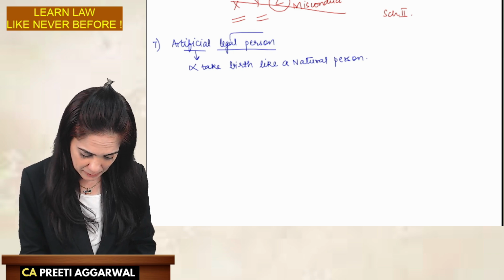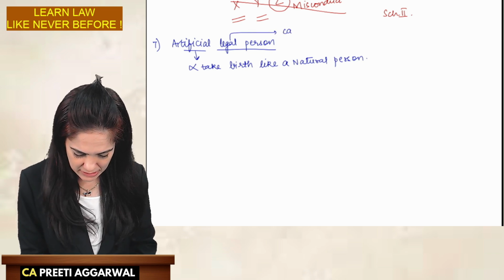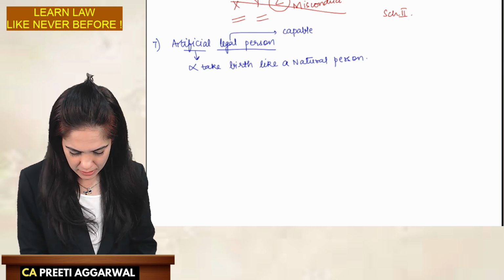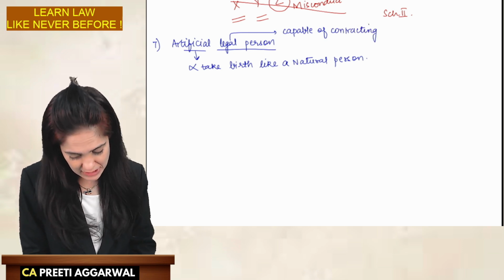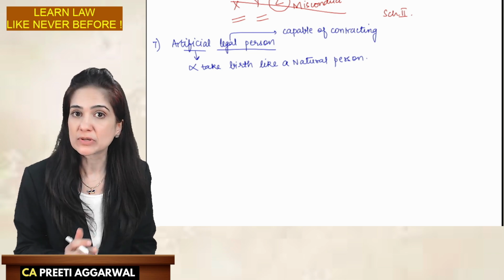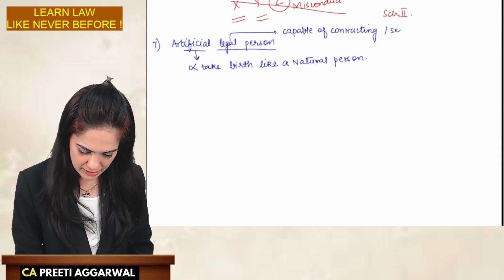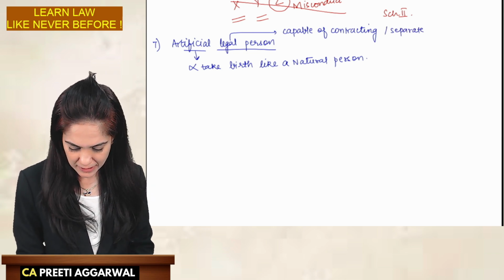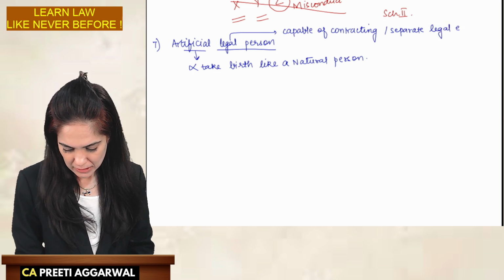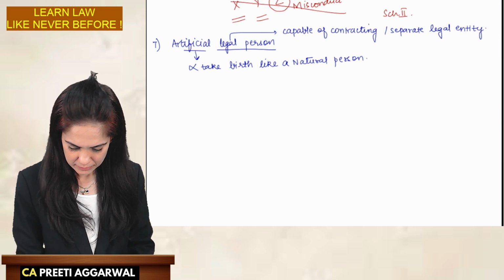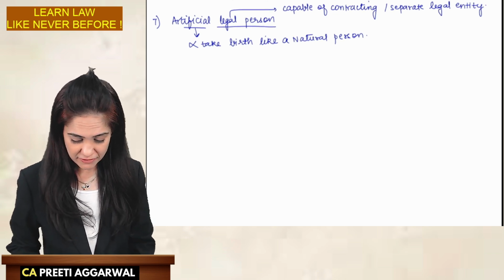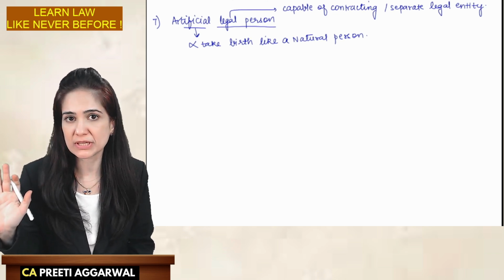But it is a legal person. What is legal? It means it is capable of contracting. Law recognizes it to be a separate person. It is a separate legal entity. We recognize it as a separate person in the eyes of law.